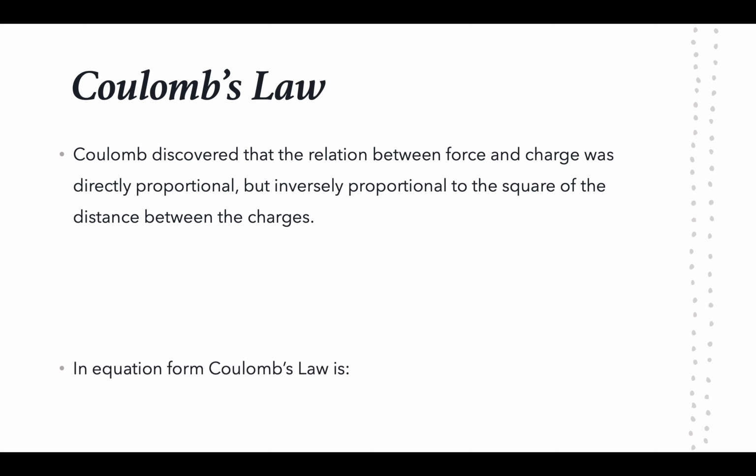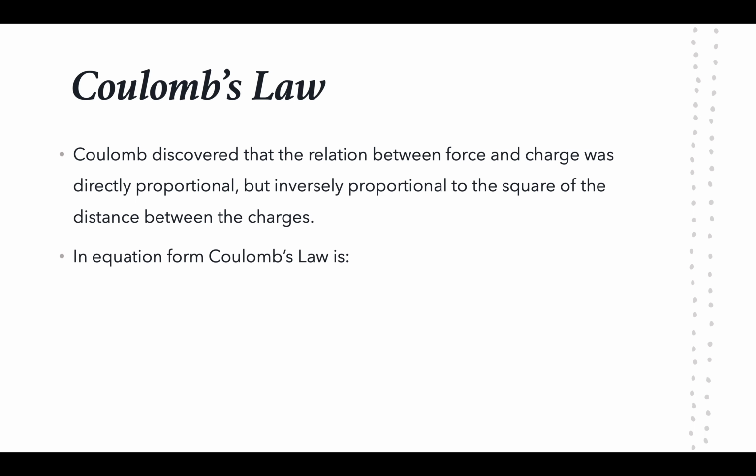So in equation form, we can write Coulomb's law as F equals k times charge 1 times charge 2 over the distance squared. Keep in mind that the distance is the distance from the center of one charged object to the center of the other charged object.